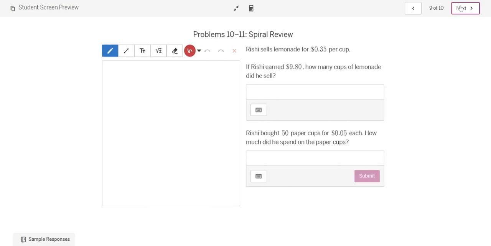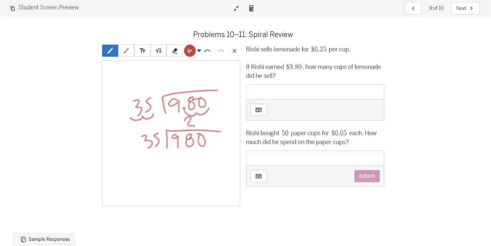Number 9, 35 cents per cup, she made $9.80. How many cups of lemonade does she sell? I've got 9.80 divided by 0.35. I'm going to move the decimal twice, so that's like 980 divided by 35. There's 2 is 70, to 80. 6 times 5 is 30.